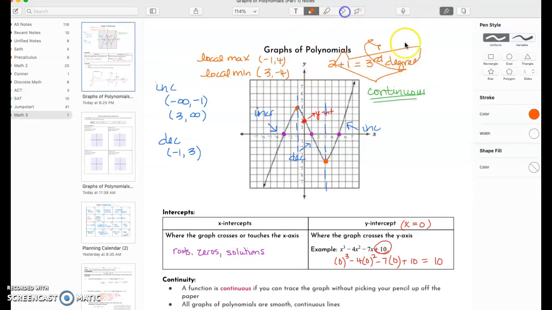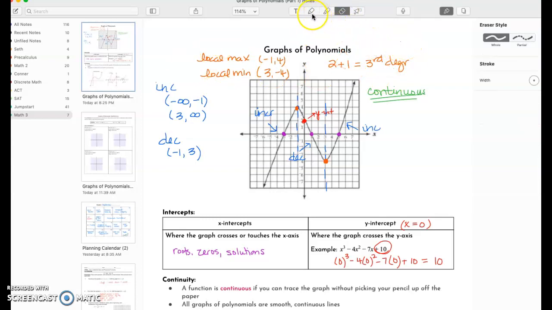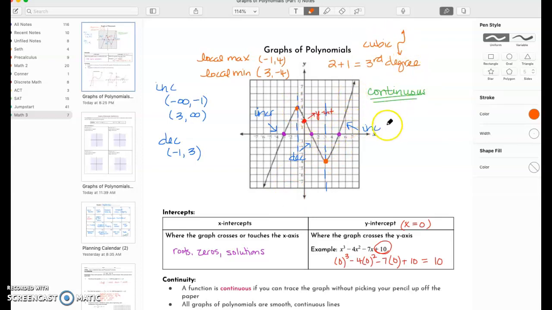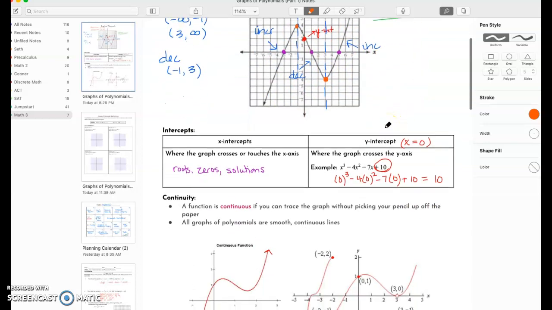There we go. And again, we should be fairly familiar with the cubic function. So this is our non-transformed parent function. As we stretch and compress, it makes those hills and valleys a little bit more predominant and easier to see. But if I have 2 local max or min, then we would have a cubic function.